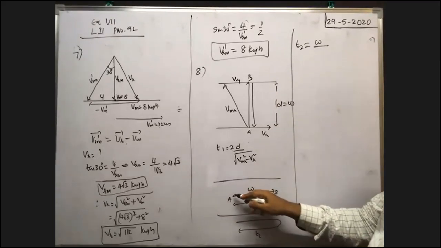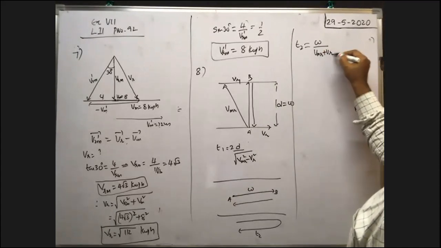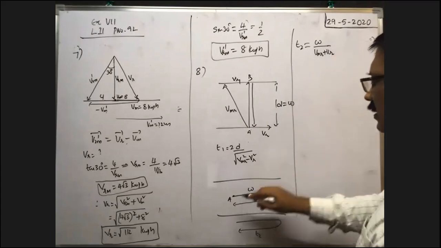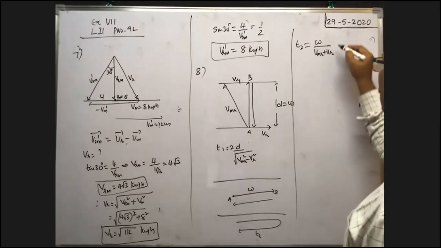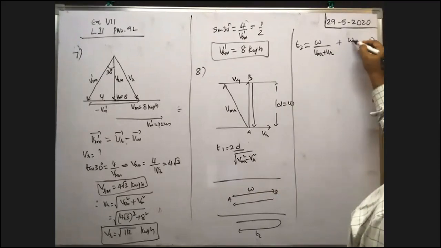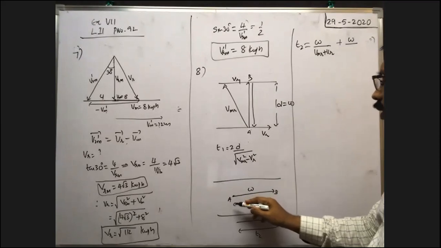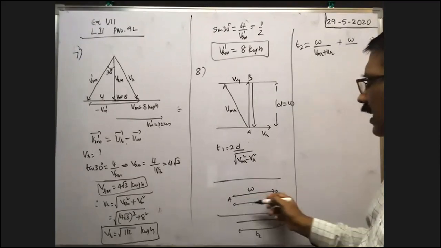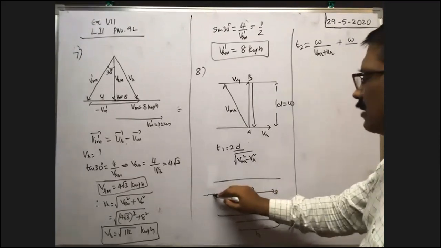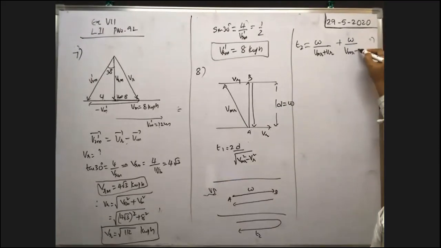Whenever the man travels in this direction, it is the velocity of the man with respect to river plus the velocity of the river. Plus, to travel from B to A, he has to travel the same distance omega, with velocity VMR in this direction; VR is in this direction because the velocity of the river is towards right. That's why VMR minus VR.